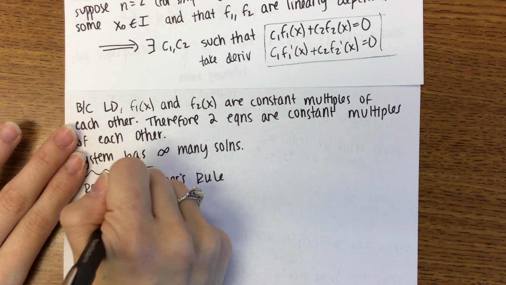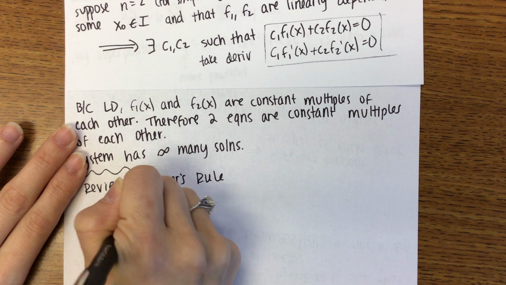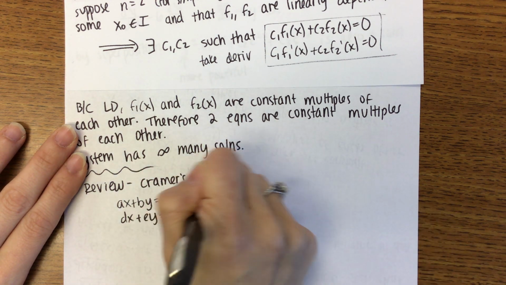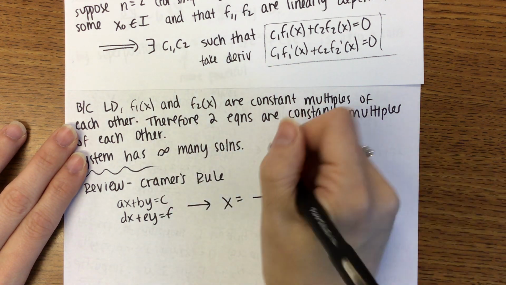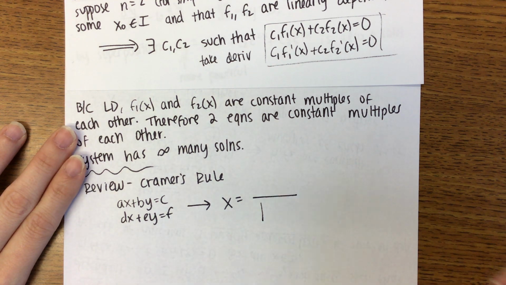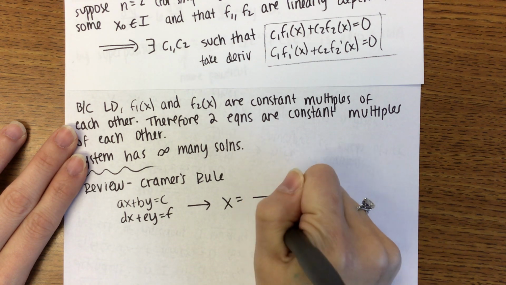So let's say that you have a system ax plus by equals c, and dx plus ey equals f. Here's the way that you find x. In the denominator is the determinant of the matrix that contains all the coefficients, so a, b, d, e.